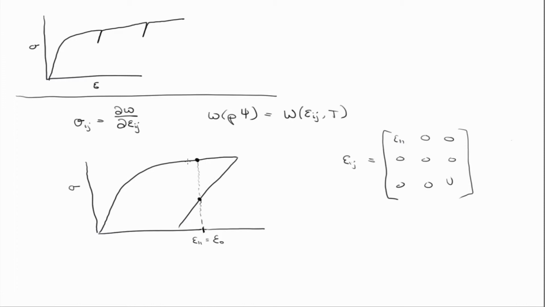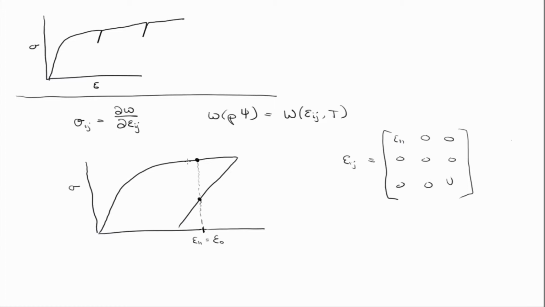So apparently I don't have enough information in just the strain and temperature. In this case we can even assume isothermal, so temperature doesn't even matter. There's not enough information if I just give you the strain tensor for you to tell me what the stress is. You have to have some other information, notably the history of loading. You need to know where you're at in the history of loading for me to tell you what the stress is.